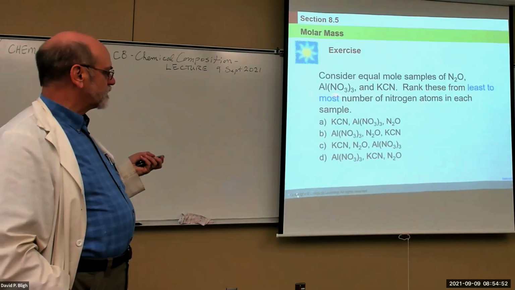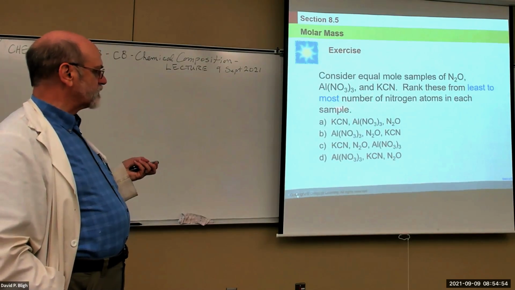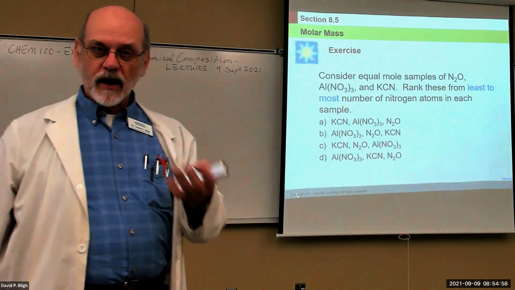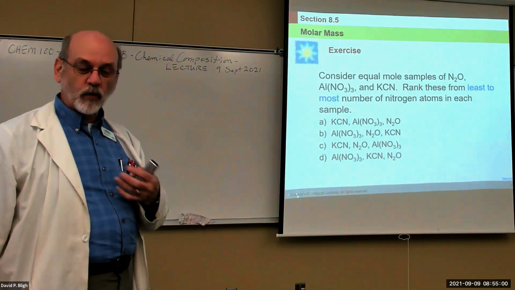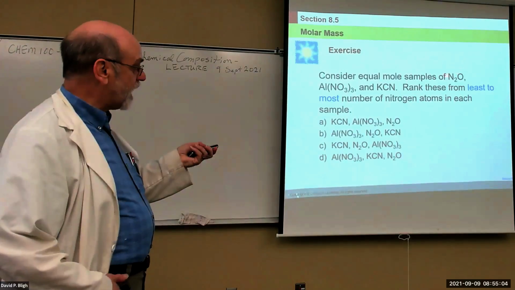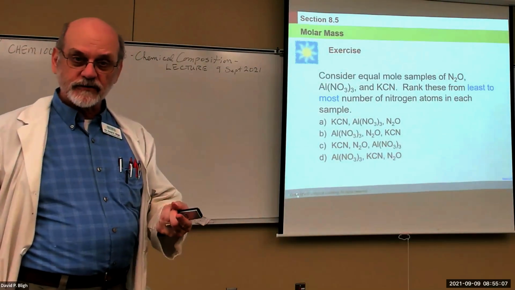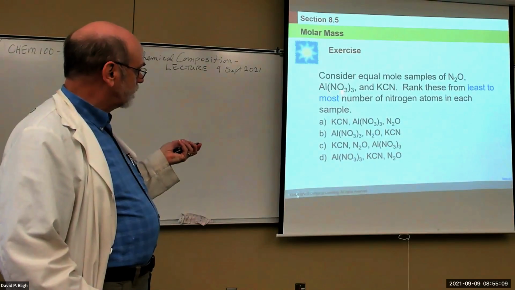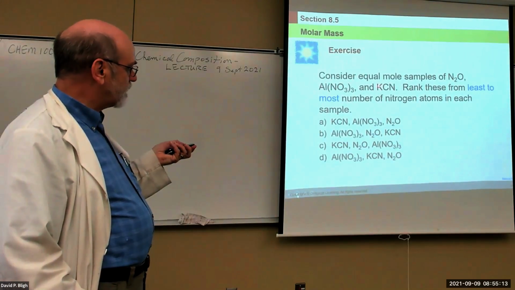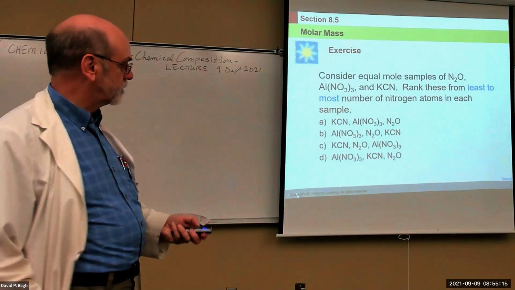Rank them from least to most number of nitrogen atoms in each sample. Well, if you have equal moles of the compound, all you need is which one has more nitrogens in its formula. Because 1 mole of that is 2 moles of nitrogen. 1 mole of that is 3 moles of nitrogen. 1 mole of that is 1 mole of nitrogen.